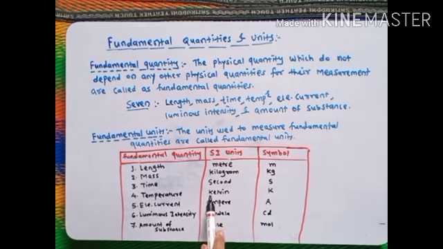Temperature is measured in Kelvin, symbol K. Electric current is measured in ampere, symbol A. Luminous intensity, the intensity of light, is measured in candela, symbol cd. And amount of substance is measured in mole, symbol mol. These are all about fundamental quantities and fundamental units, in this table. Now we consider the next article.